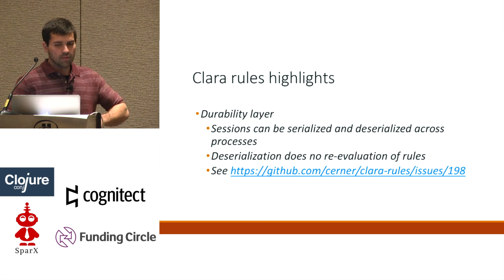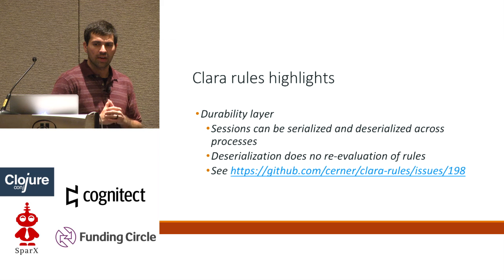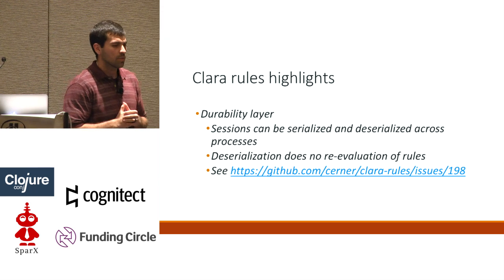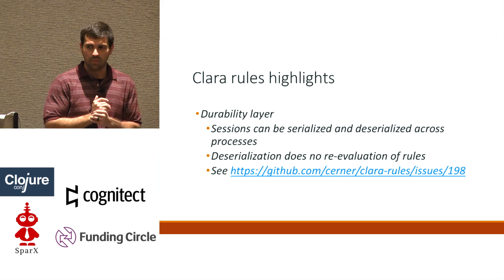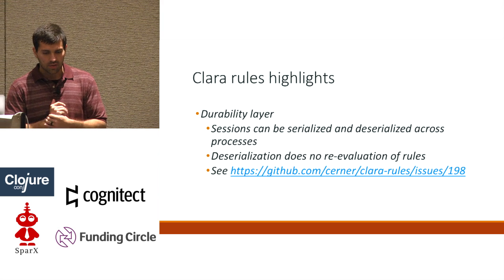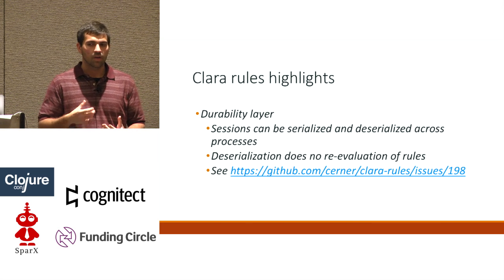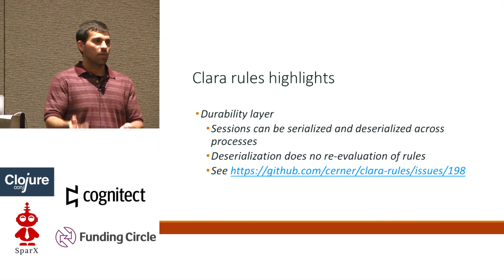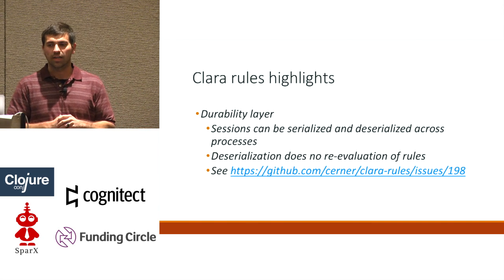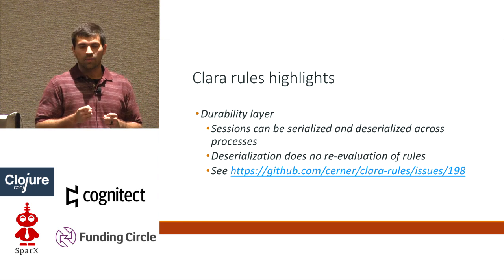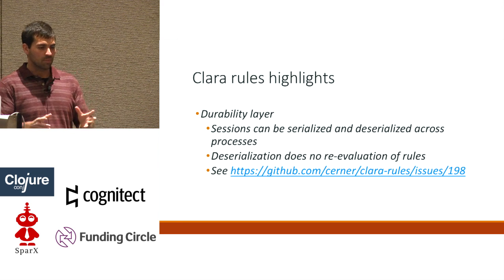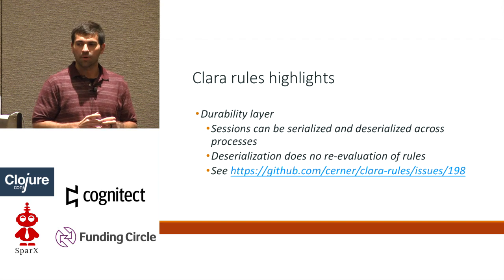And then the last main thing I want to point out is that Clara Rules has a durability layer. It's pretty new, and the API is still a little bit in flux. We have it marked as experimental, but we've started using it in production, and I think it's a pretty cool feature. You can take rule sessions and store them out of process and restore them back into process again. One of the key things is that when you deserialize it, it doesn't refire any rules. It just comes back in the state it was in before.